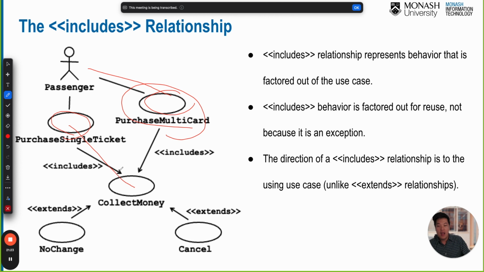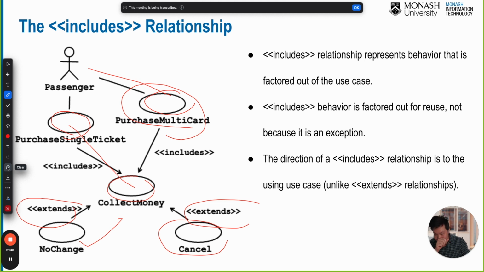Once they collect the money, we now use extend as an optional use case, because if the passenger provides enough money, then there's no change. Otherwise, the passenger can also cancel the transaction as well.